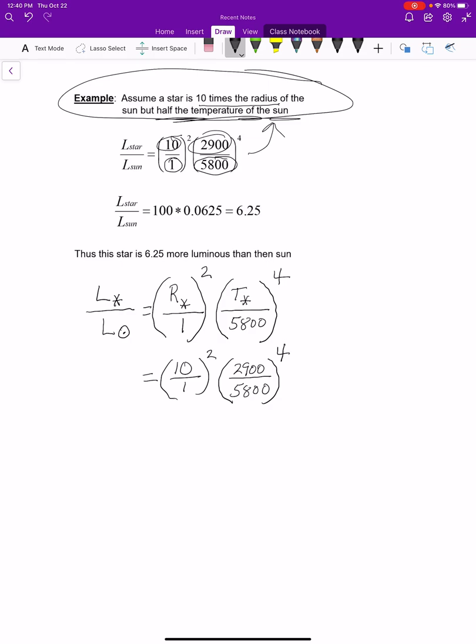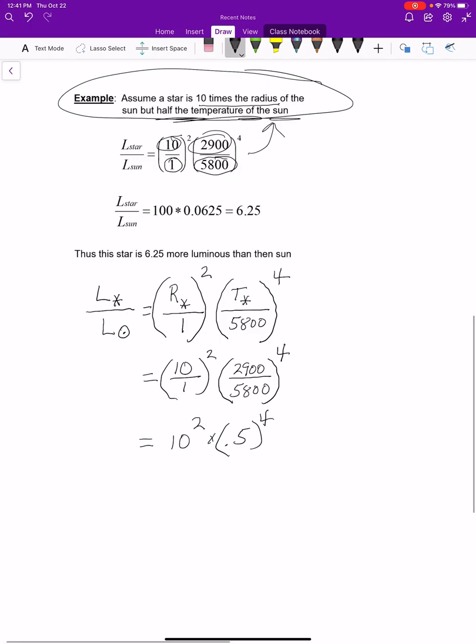If you reduce this, you have 10 divided by 1, which is 10, and we square that number, multiplied by 2,900 divided by 5,800, which is 0.5, and then we raise that to the 4th power.